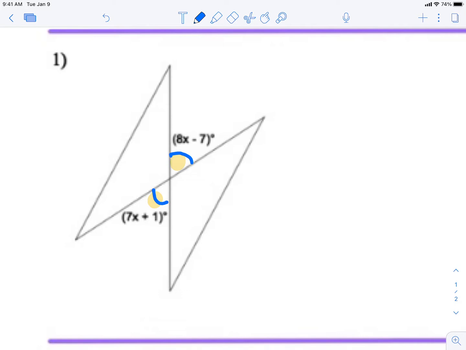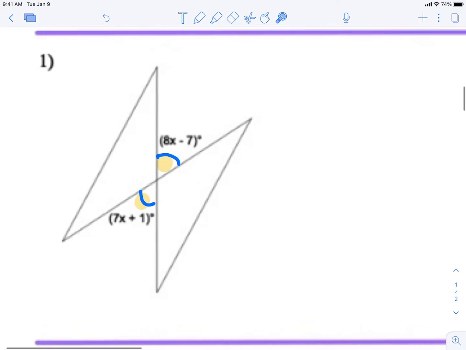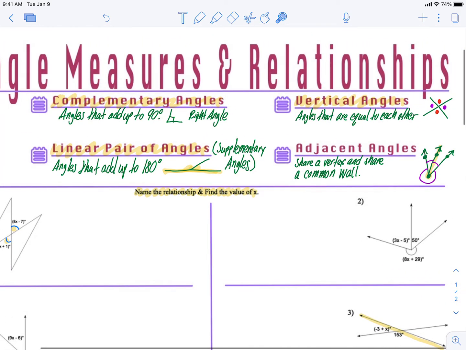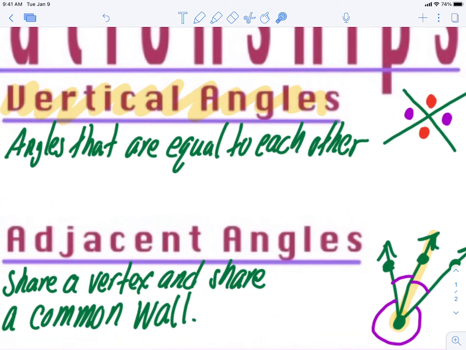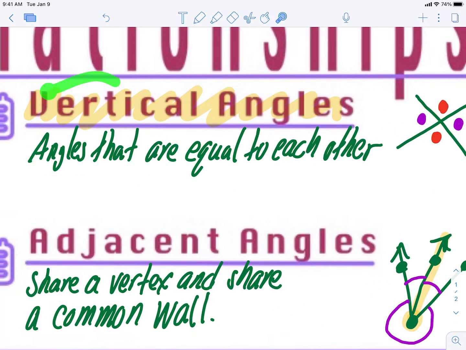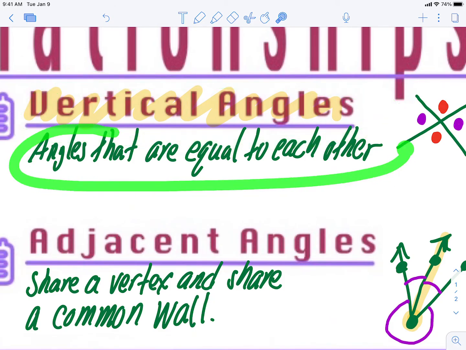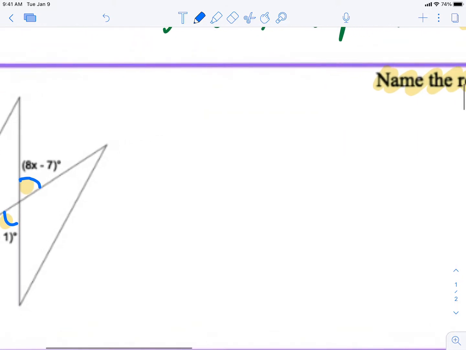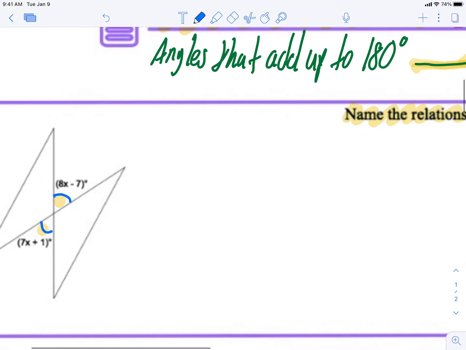If you notice, they are across from each other from an X. So which one of our four notes says they are across from each other from an X? This one here: vertical angles. And vertical angles are angles that are equal to each other. So let us identify our angles first. They are vertical angles.